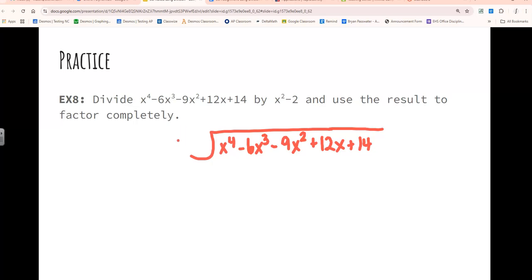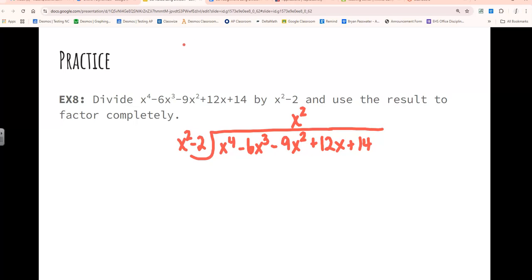And then I've got x squared minus 2. Okay? So, I'm going to have to ask myself, what times x squared gives me x to the 4th? And that's just going to be x squared.